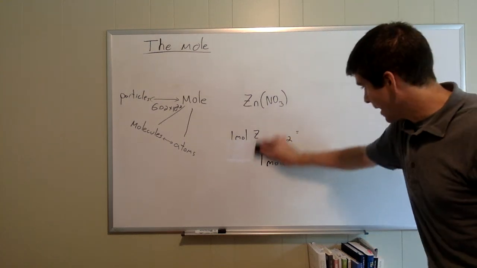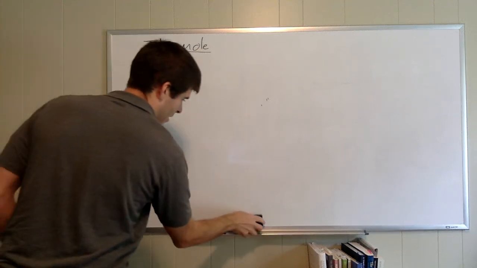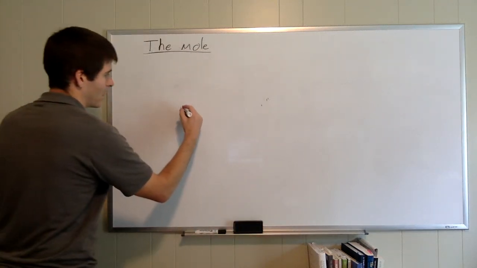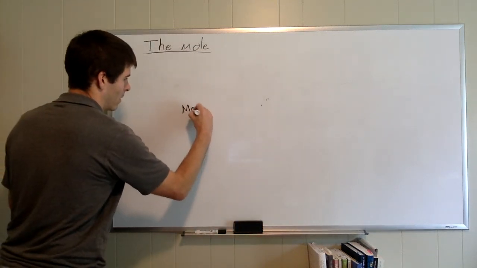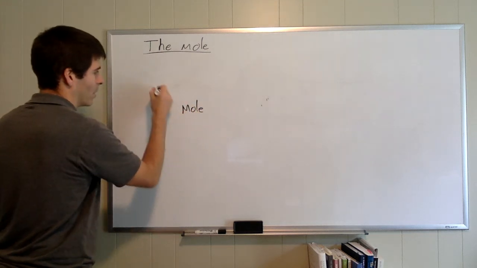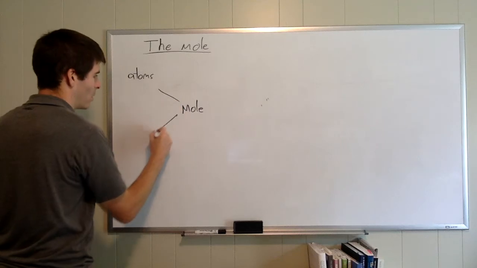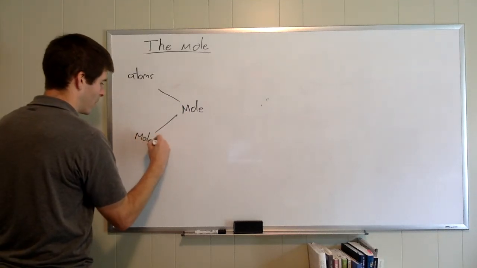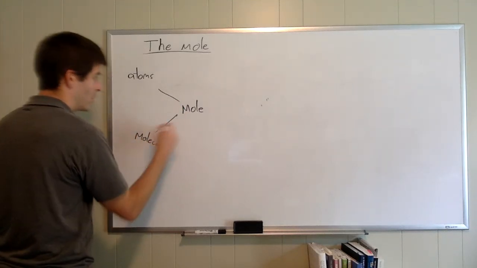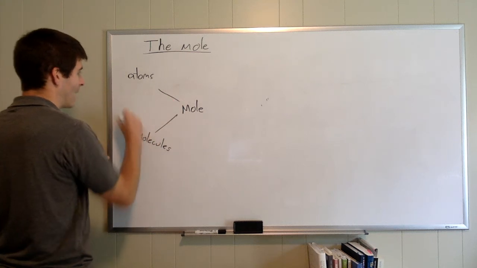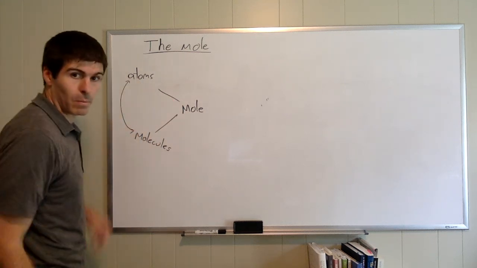Now, of course, I didn't set up any of that dimensional analysis, but what I did is I gave us, we have a mole. We can now convert to atoms or molecules using Avogadro's number, or we can actually go back and forth between those as well.